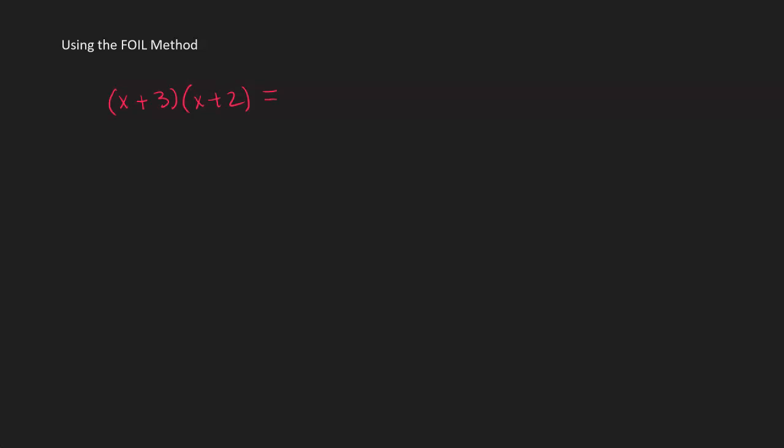So with the FOIL method, I am going to just rewrite this expression, x plus 3, x plus 2. Okay, and I want to first multiply the first terms in the series. So that would be the x's.